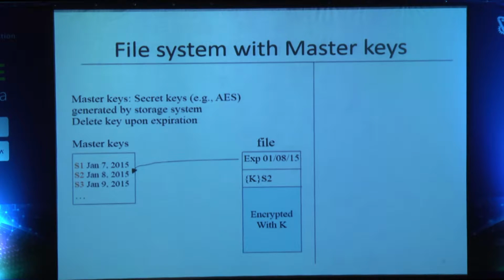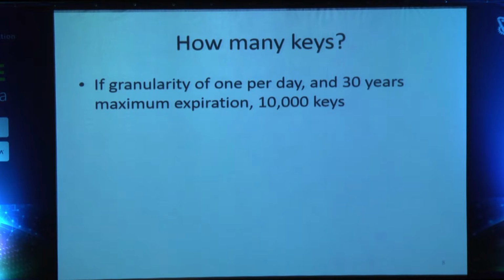And when I say encrypted with S2, just because cryptographers are fussy, you wouldn't directly encrypt the data with that. Instead, you would have a random number just for this particular file. In the metadata, you would take K, which is the random number for this file, encrypted with S2, and then the data is encrypted with K. Doing this extra level allows you to change the date of expiration and has other good properties.